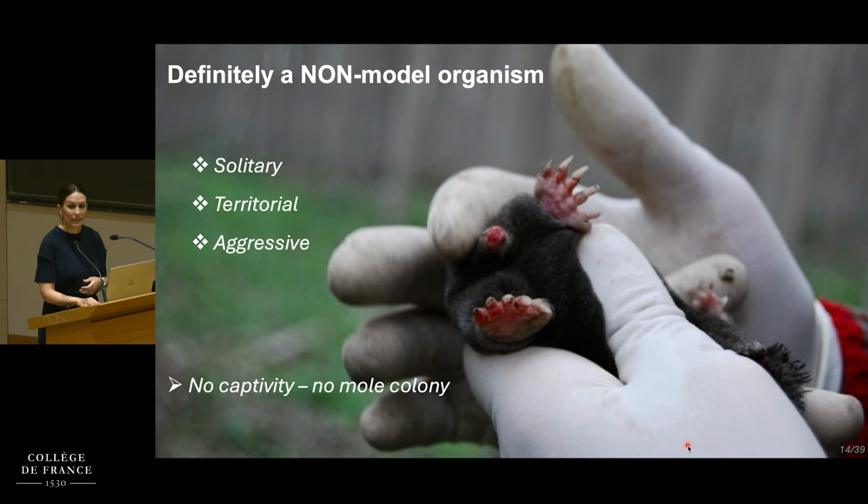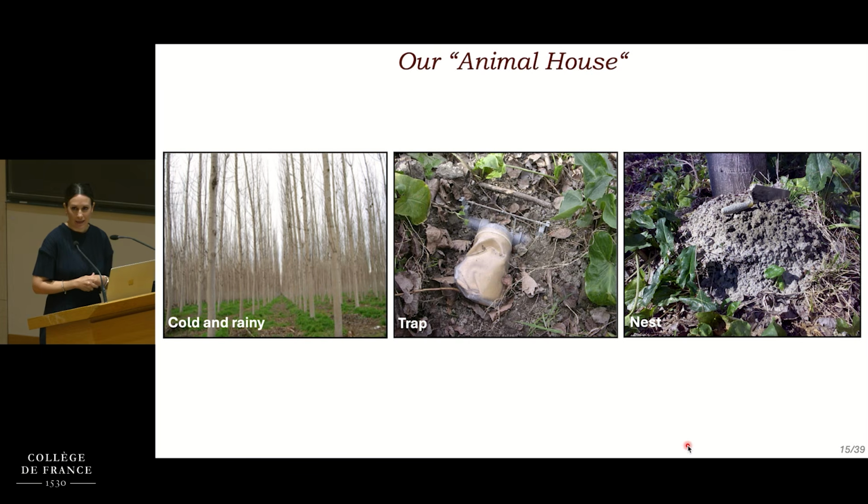So whenever I need material, this is my animal house, which are some special plantations in the south of Spain where the moles are very abundant. And with traps like this that we put along the tunnel is how we catch the moles. And over the years, we have learned to identify the nests of pregnant females. Because in these special plantations they make them more on the surface, and when they are pregnant, they make these very big nests with a lot of soil, so we can identify them.